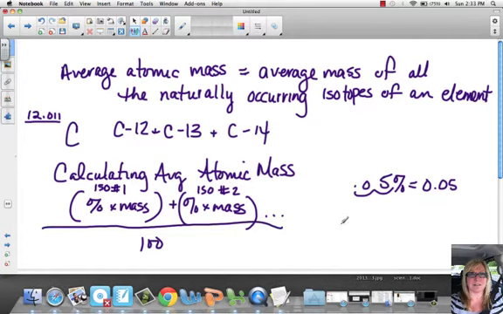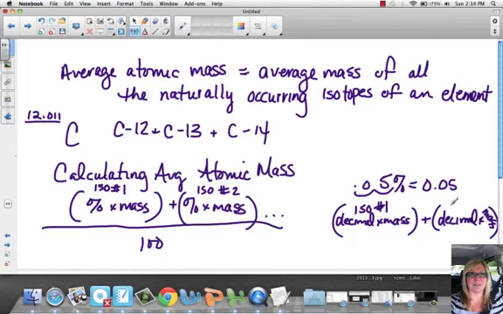That other way that I showed you was decimal times mass of isotope number 1 plus decimal times mass. And here you don't divide by 100 because you've already taken it out of percent form. And you would do this for however many isotopes you have. I think this is the preferred and best way not to make any errors.